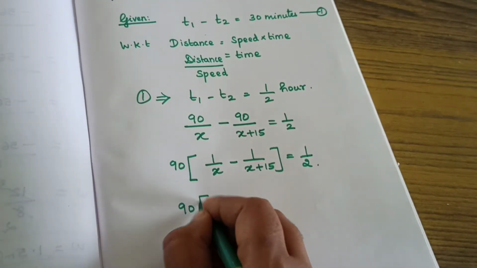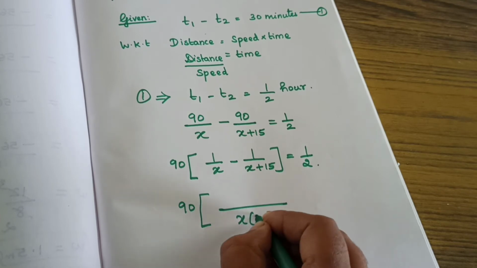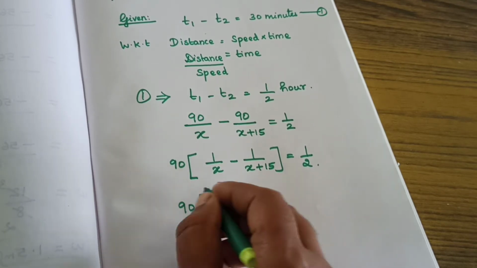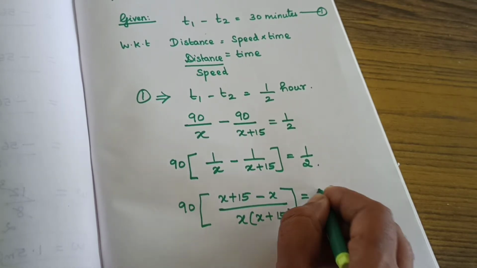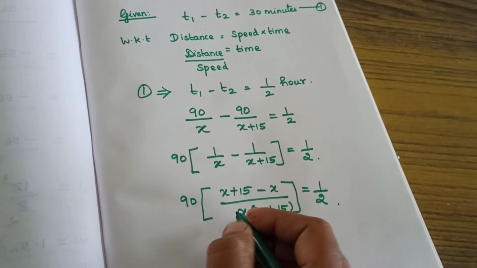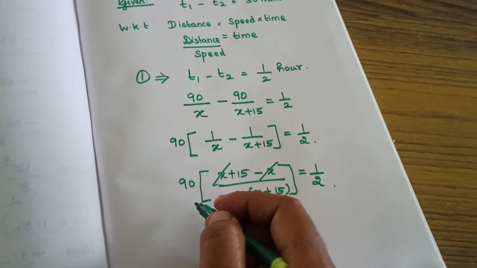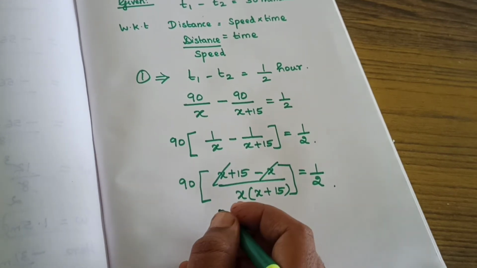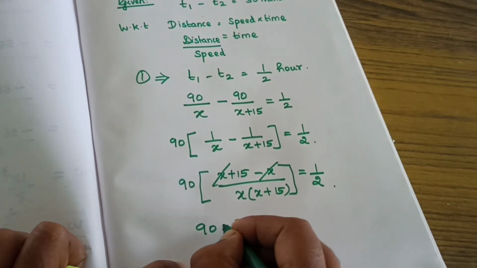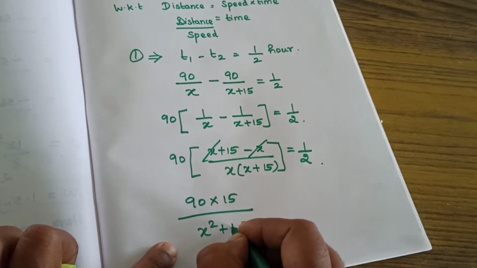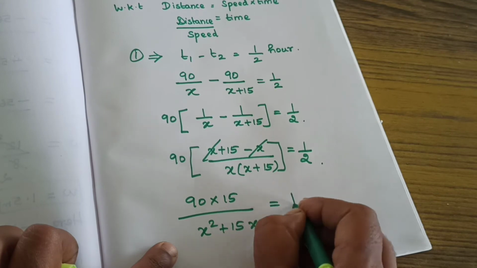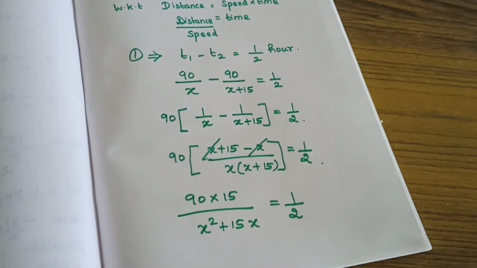Now, take the LCM. So, x into x plus 15 is the LCM. Now, cross multiply: x plus 15 minus x, which is equal to 1 by 2. Now, x and minus x get cancelled. After that, 90 into 15 divided by x square plus 15x equals 1 by 2.